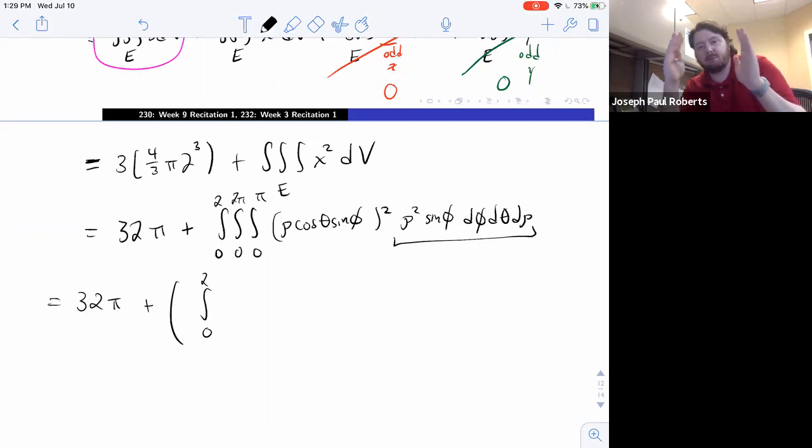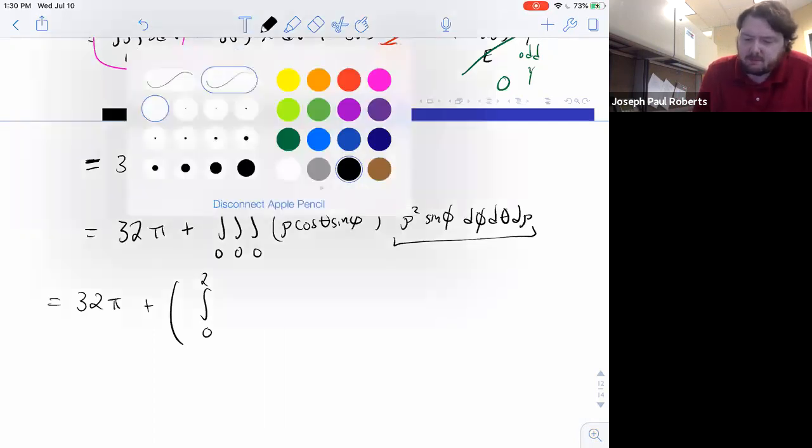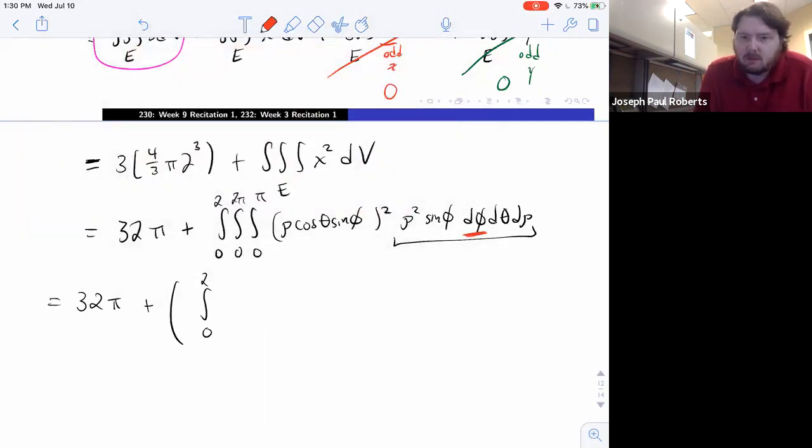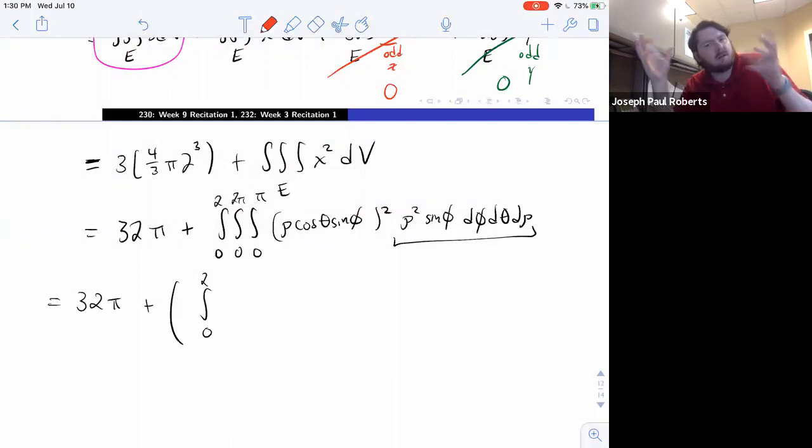So if you do it as a big triple iterated integral, you're doing the inner, then the middle, then the outer. But when you're doing this phi integration, you're pretending that rho and theta and all this stuff are constant. So you're writing stuff down without doing anything to it because they're constant factors, which means they don't disappear, they just stay there.